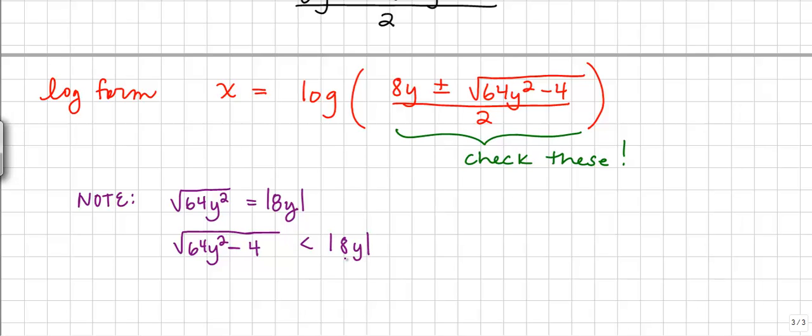So 8y plus or minus this would depend on y. So let's, for the sake of argument, write this in a common way of saying that this is 8y.